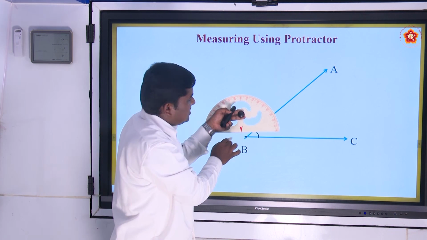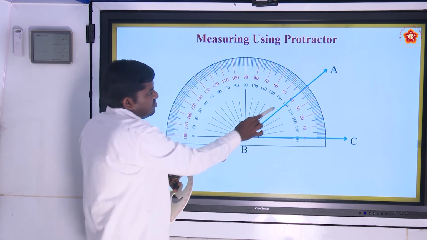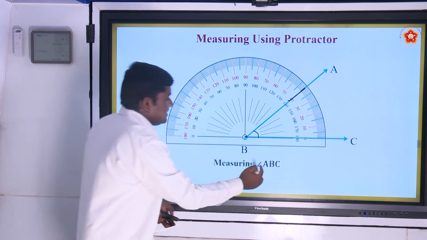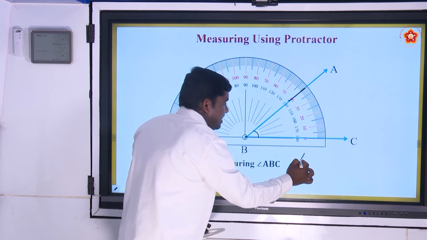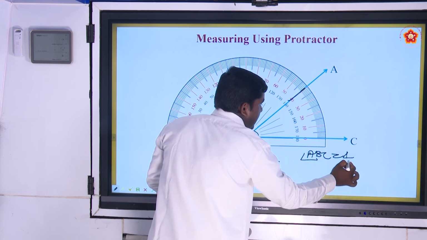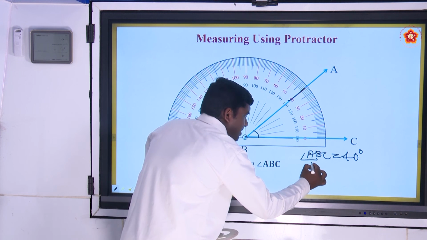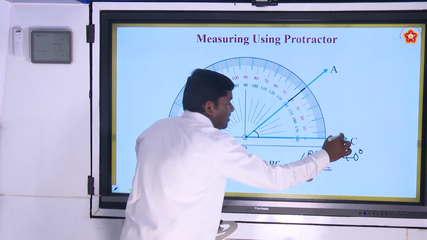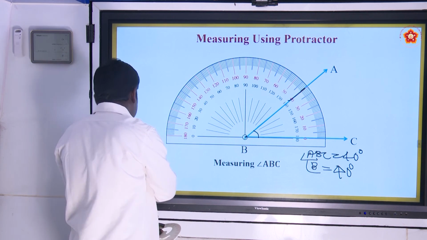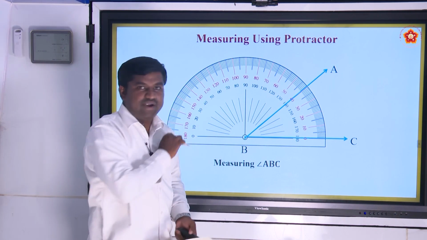Suppose it is 40 degree, then the angle ABC is equal to 40 degree, or we also write like this, angle B is equal to 40 degree. These are two ways to write the measurement.